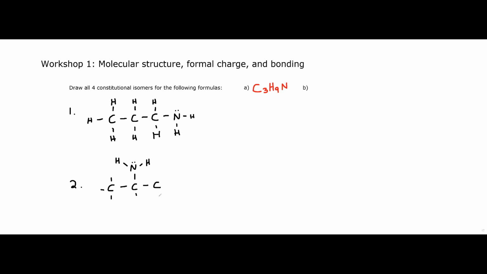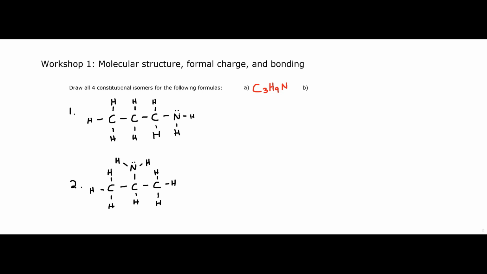And then that gives us 1, 2, 3, 4, 5, 6, 7, 8, 9 hydrogens. That looks good to me. So this would be a unique structure. And this would be our second isomer. All I did was take the nitrogen and just move it to a different carbon.